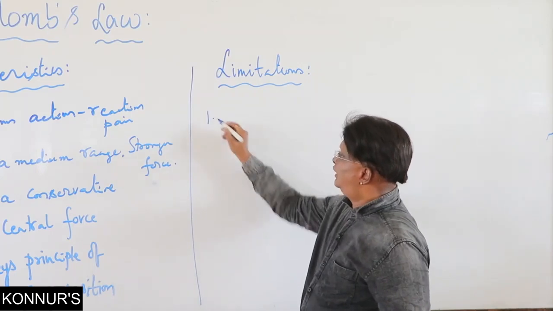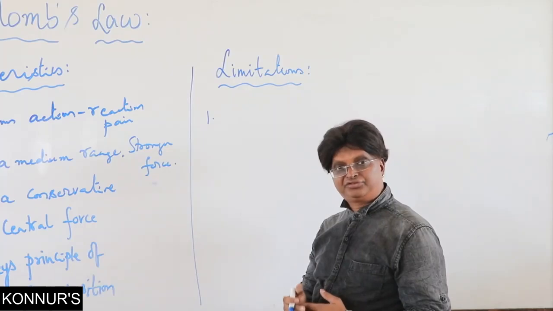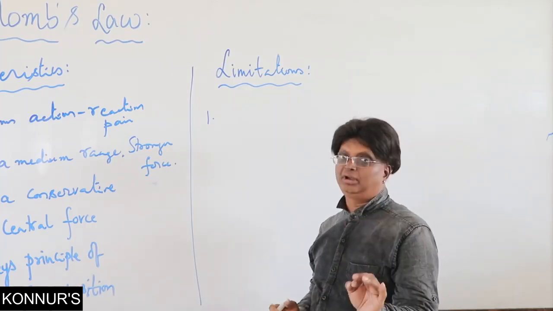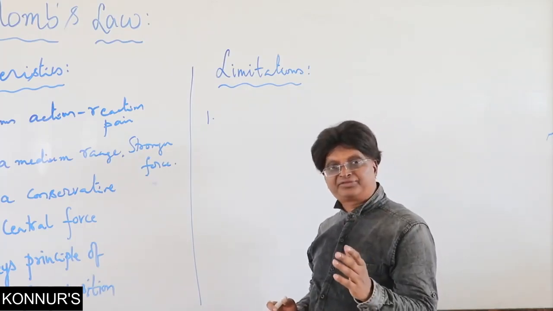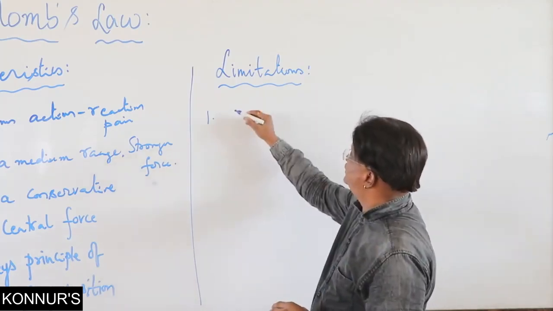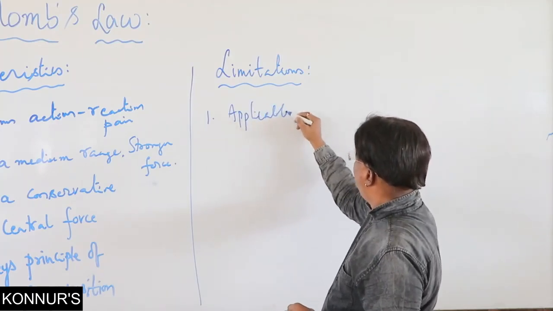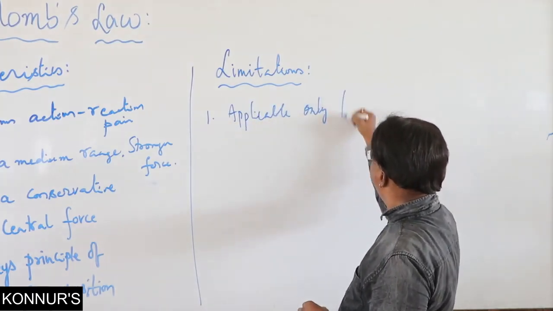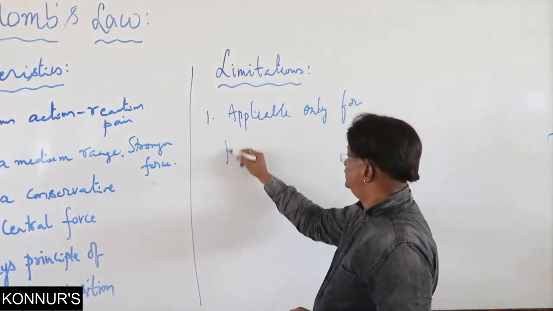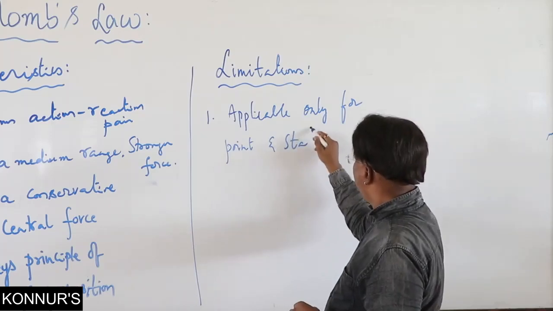First one: of course, in the very beginning we said it is applicable only for static charges and point charges, not for extended charges. So the first limitation is that it is applicable only for point and stationary charges.